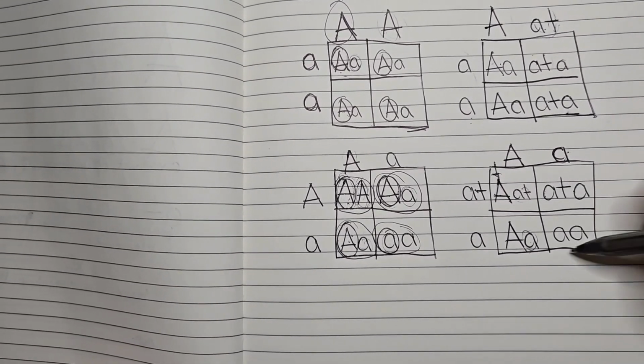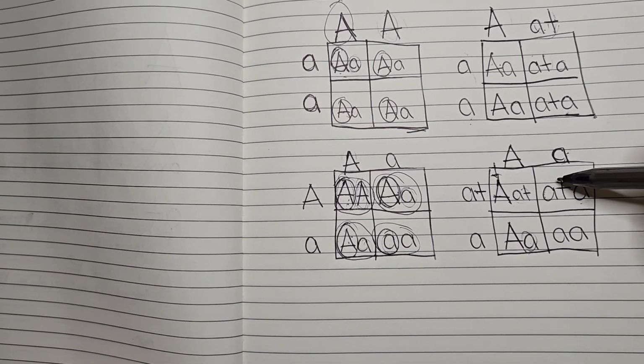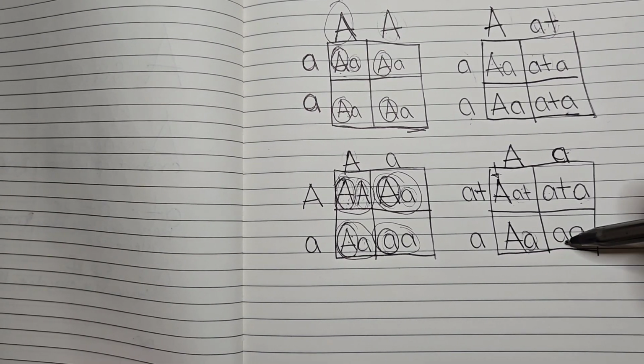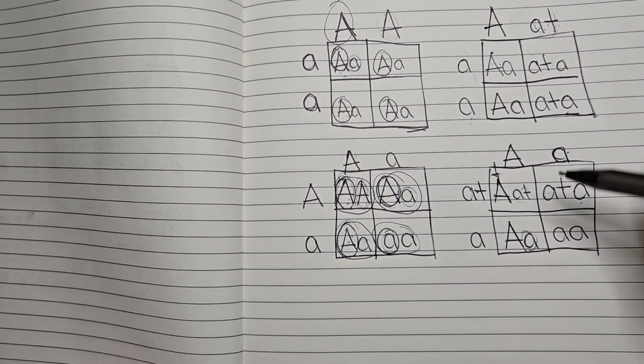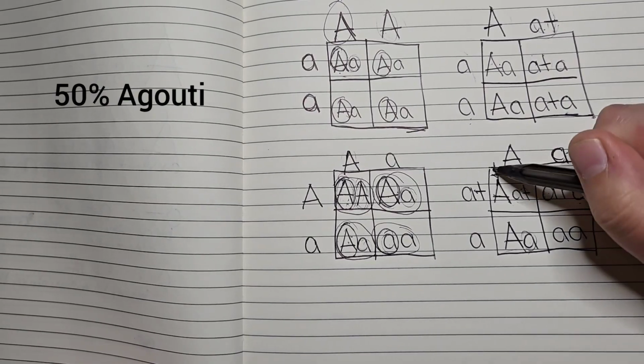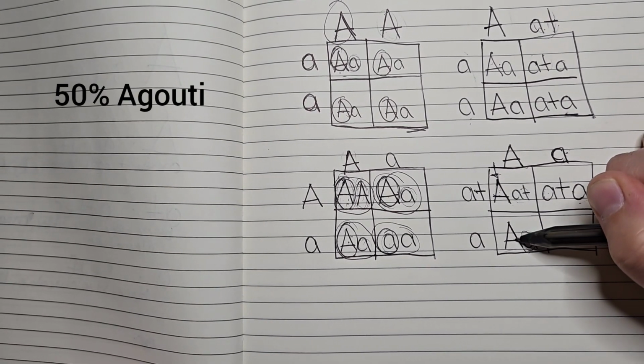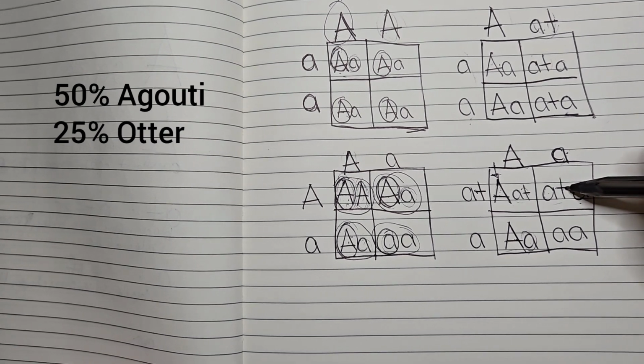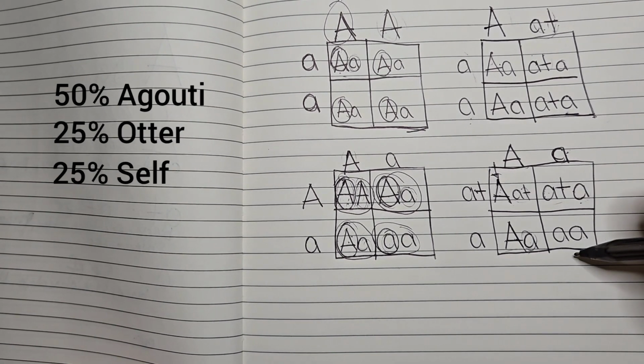And in this situation, now we have one box that is AT little a, and we have another box that is little a little a. So if 50% of our litter is going to look chestnut, that means 25% is going to look otter and 25% is going to look self.